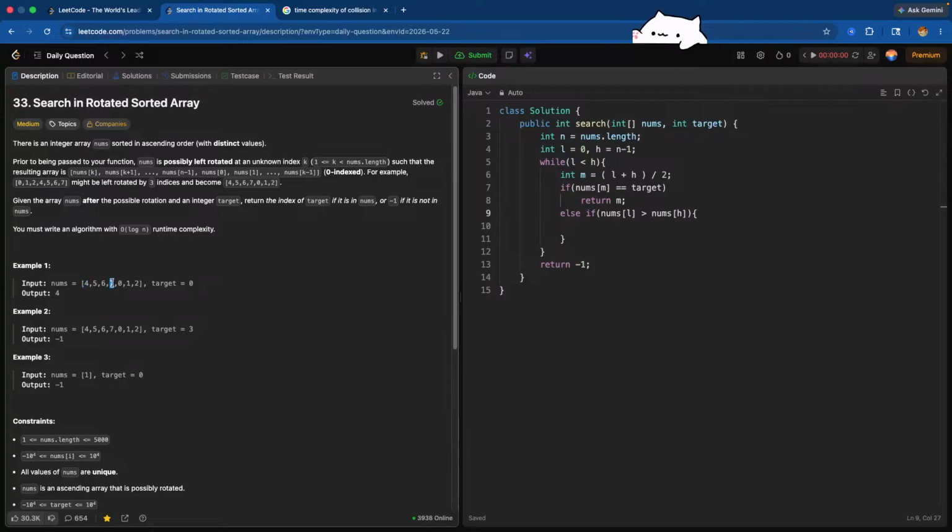If this is smaller than this, it is rotated on the right side.